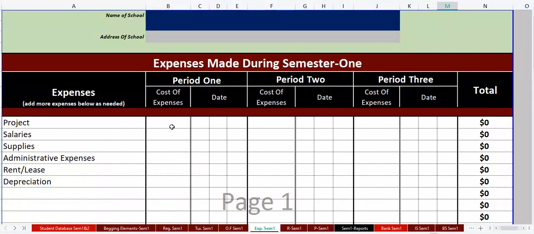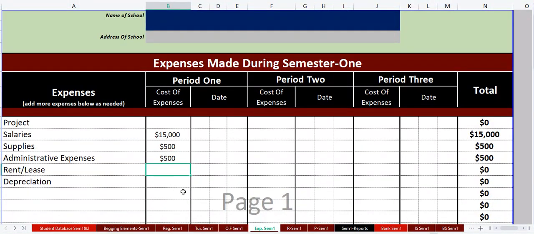So now the school pays salary. Maybe the school pay salary of 15,000. Great. Supplies 500. Administrative expense 500.